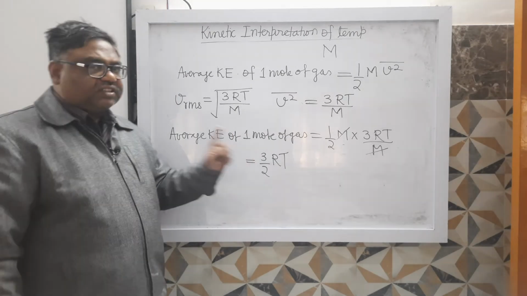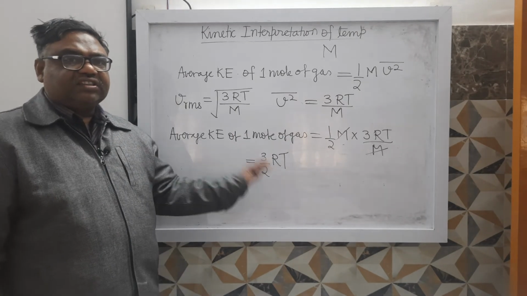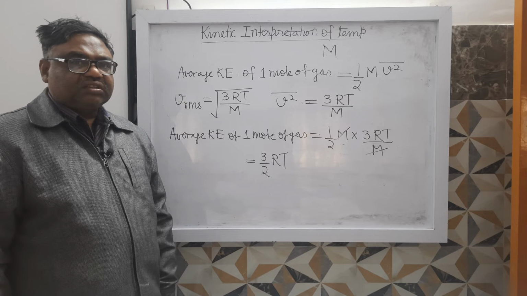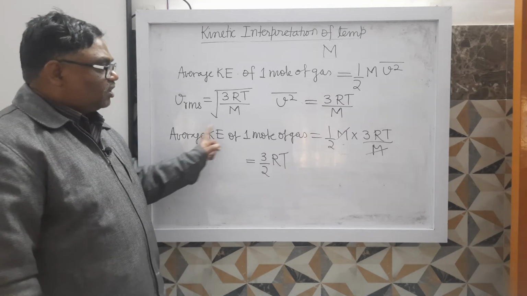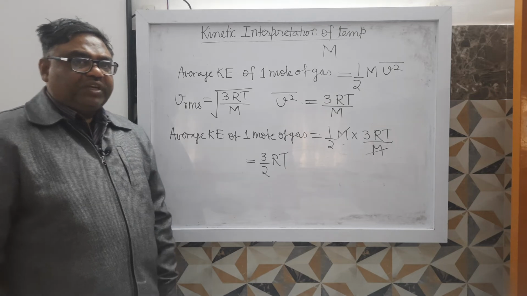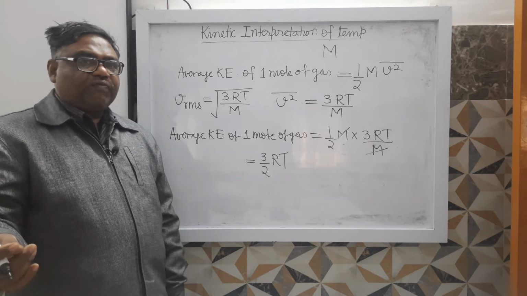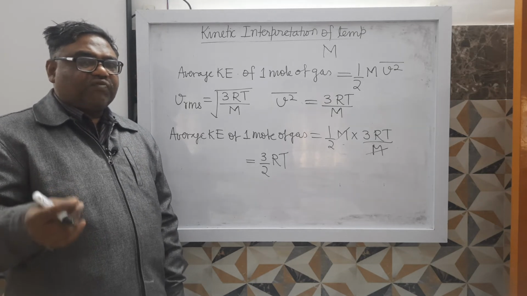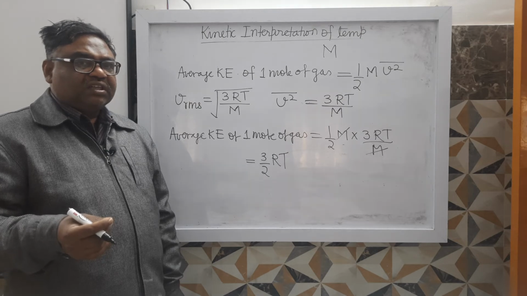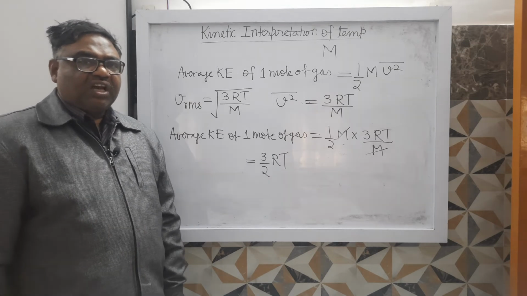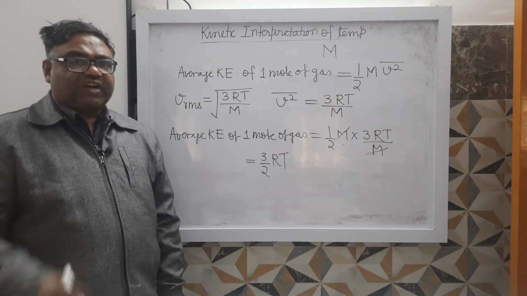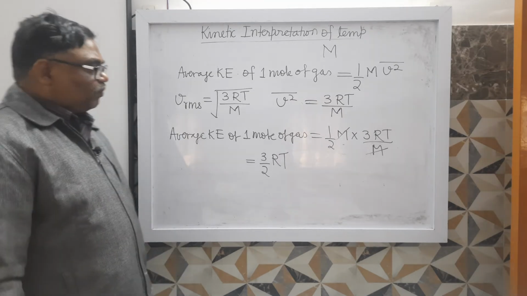Now if you see this equation, it is not consisting molecular mass. It is only dependent on the temperature. Means whether we calculate the average kinetic energy of 1 mole of oxygen, hydrogen gas, ammonia, or sulphur dioxide, what will happen?